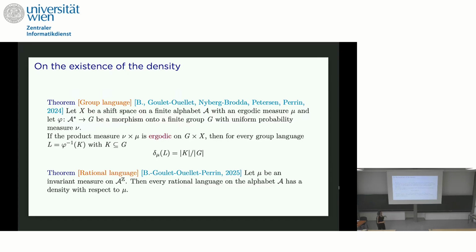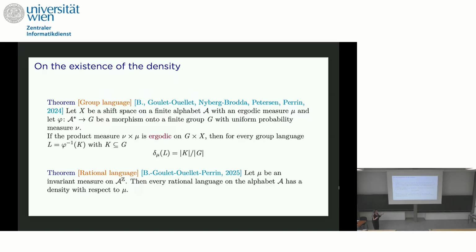And if you have ergodicity on the skew product, you have a very nice equidistribution, in the sense that if your language is described by the pre-image of a subset of the group, then the density corresponds to the number of elements of the subset you see divided by the size of G. It equidistributes super well.